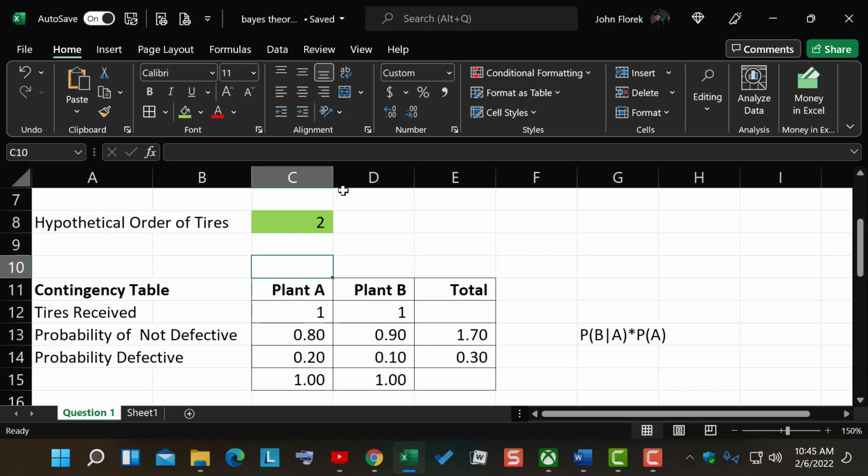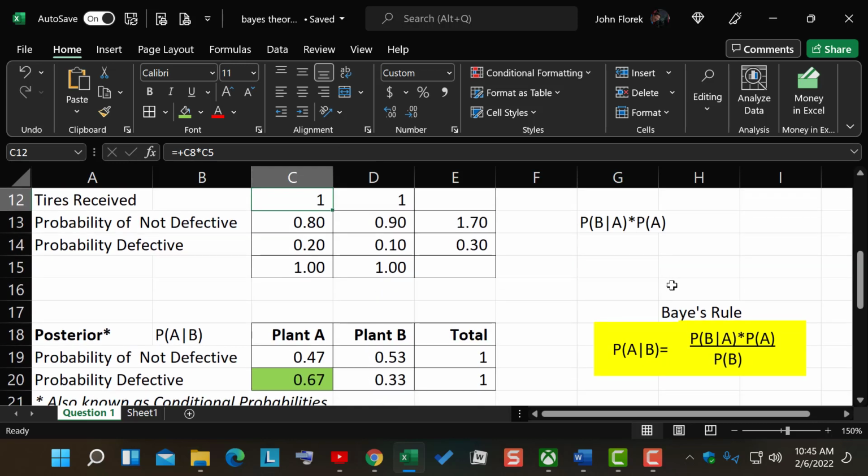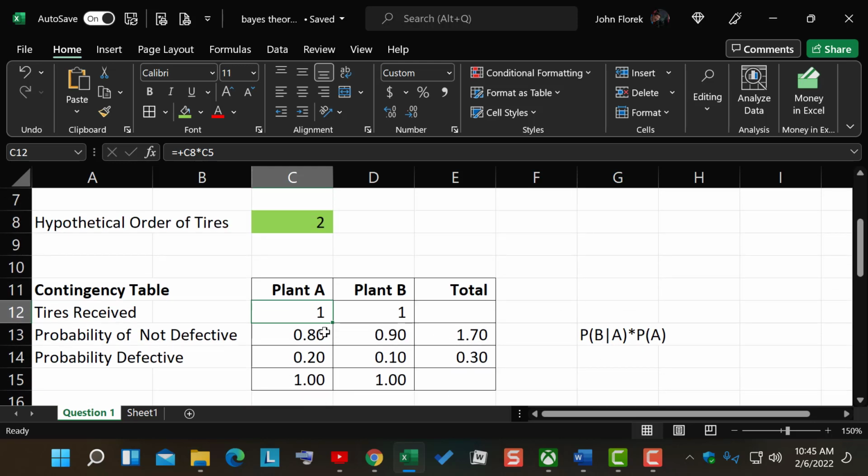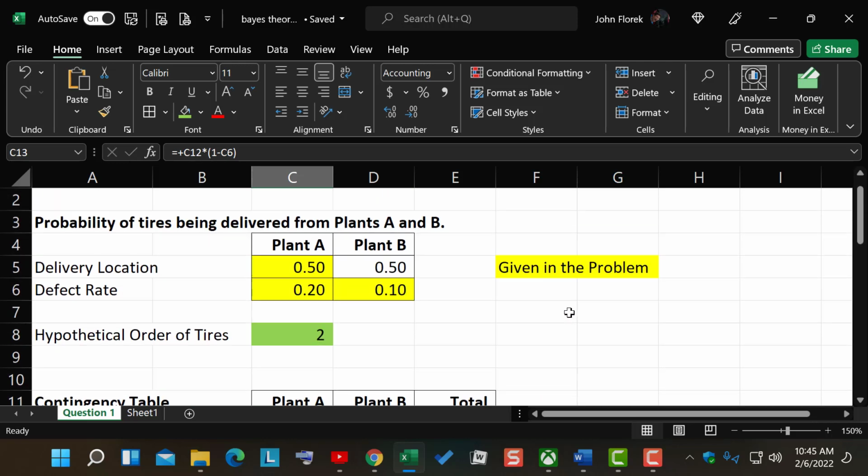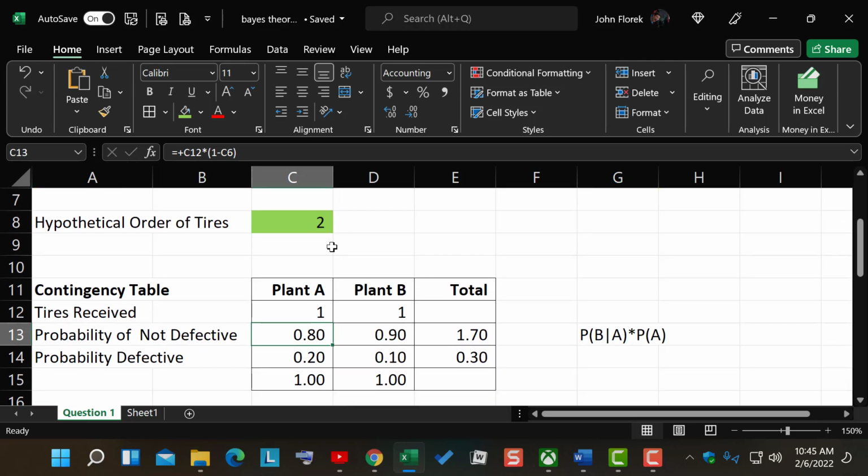So going on down, the contingency table, which is the upper part here of Bayes' rule or theorem, whatever you want to call it, is that because I set the hypothetical number of tires at 2, then that means 1 tire came from plant A, 1 tire came from plant B. So that is simply the formula of the number of tires.